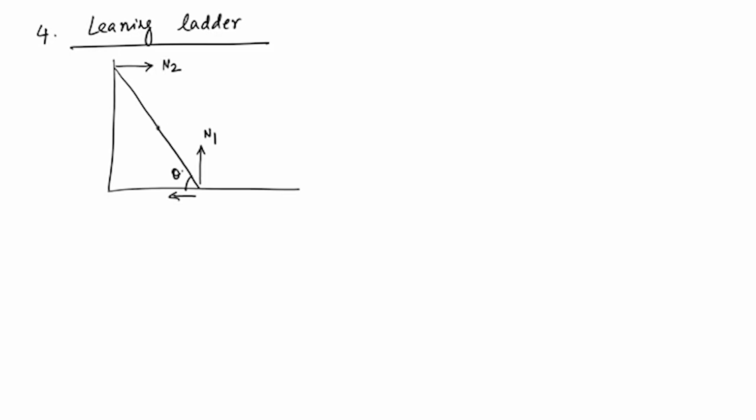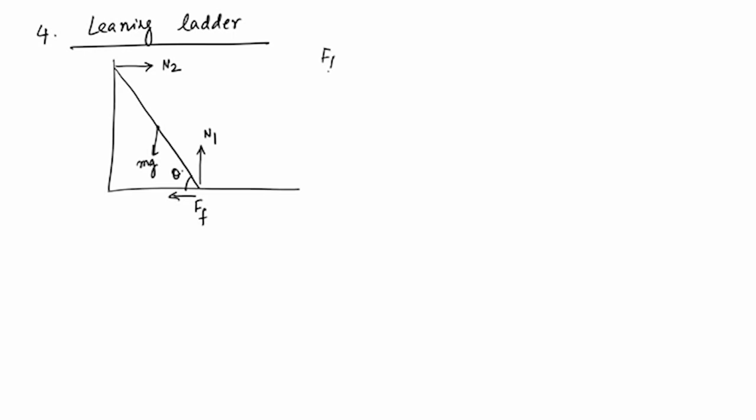The ladder has length L, and if it is a uniform ladder, then the weight acts at the midpoint, and this is, say, for example, F, which is the force of friction.